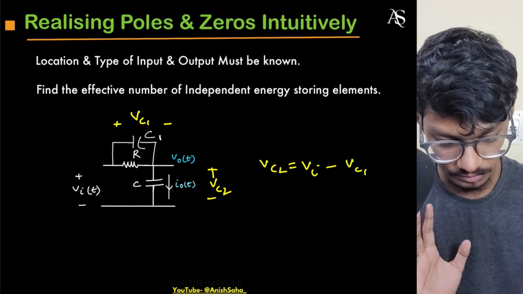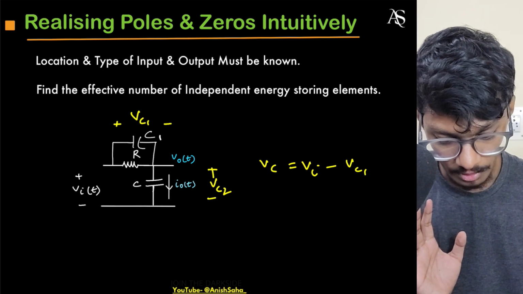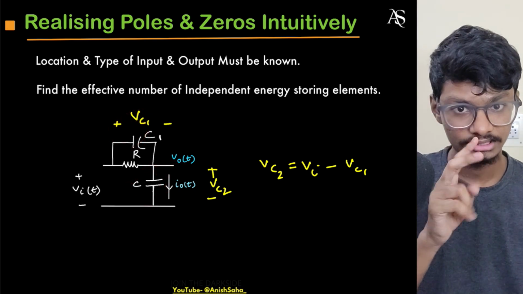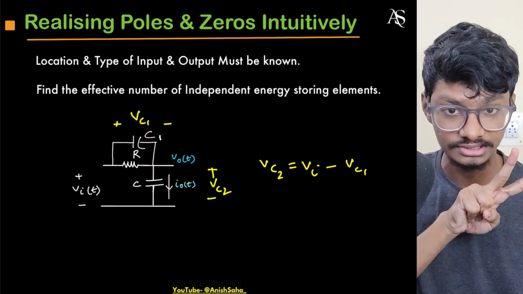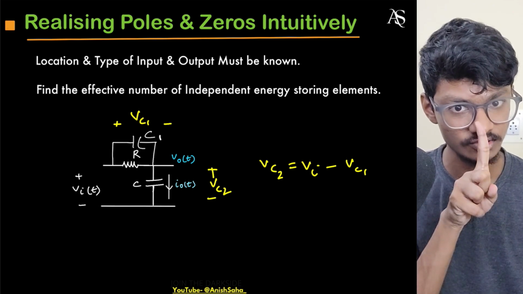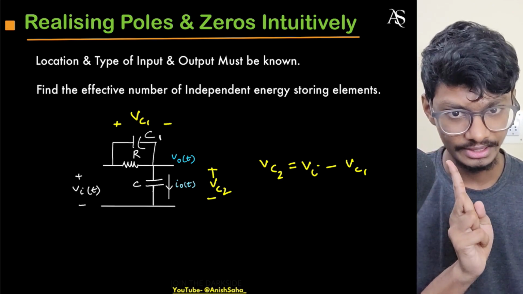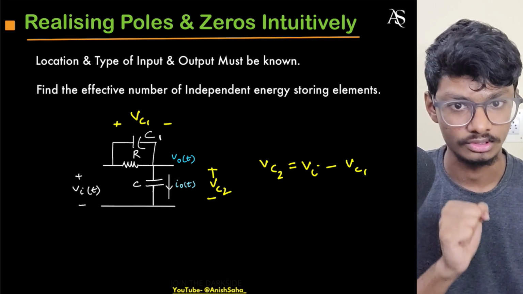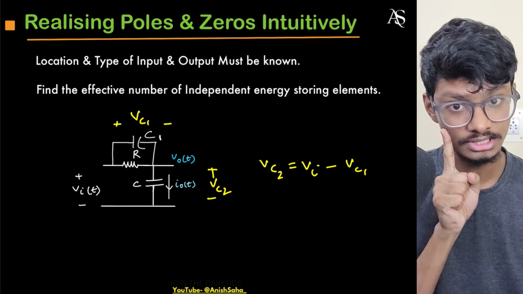That is what my VC2 is. So this capacitor voltage is dependent on this, hence these two capacitors are dependent on each other in terms of voltage. So if they're dependent, I can definitely say this is a first order circuit for voltage transfer ratio.